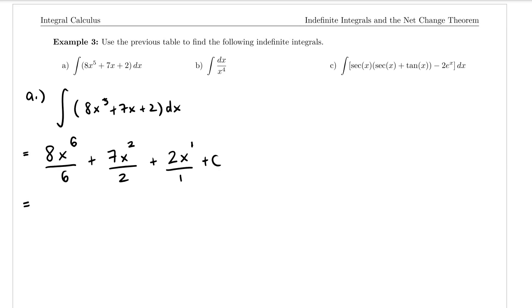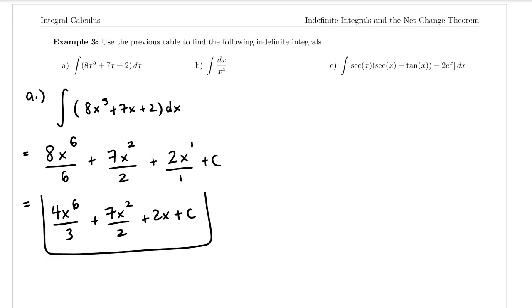I'm going to simplify my fractions if possible. So we have 4x to the sixth power over 3 plus 7x squared over 2 plus 2x plus c. And that is our final answer for part A.